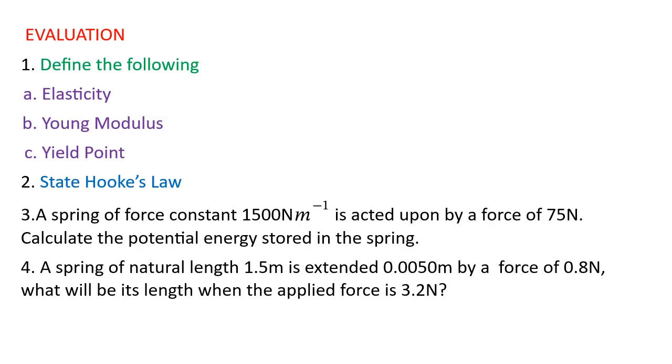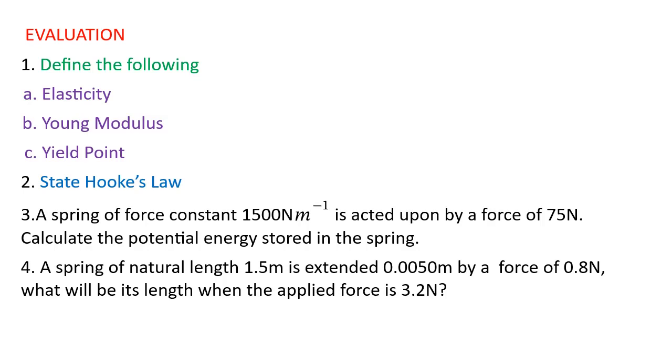Number 3. A spring of force constant 1500 Newton per meter is acted upon by a force of 75 Newton. Calculate the potential energy stored in the spring. Remember what I told you.